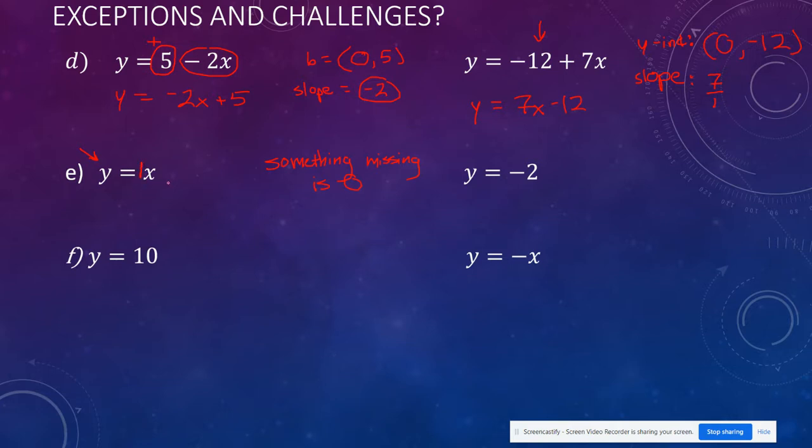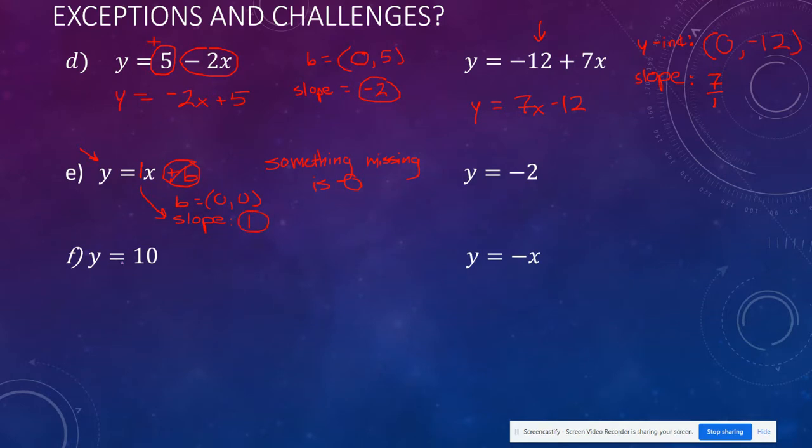So what is the y-intercept? Well, mx plus b, but b is missing, so b is 0. The y-intercept must be 0, 0. Here, what's the slope? What's the m? The m is going to be 1. Slope is just 1, or 1 over 1.